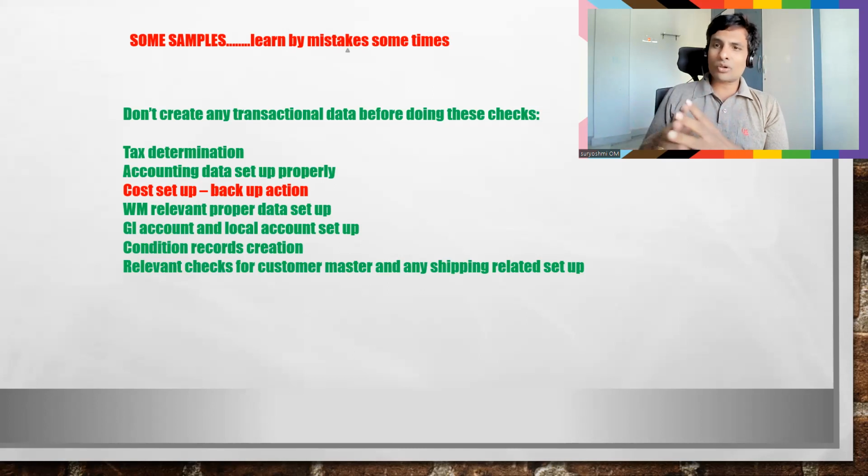Tax determination config, not only configuration: which materials are taxable and what kind of customers you have, distributors, retailers, wholesalers, or service based customers, whether the tax data is properly set up or not, you have to take care of before creating transactional data. Accounting data needs to be set up properly.